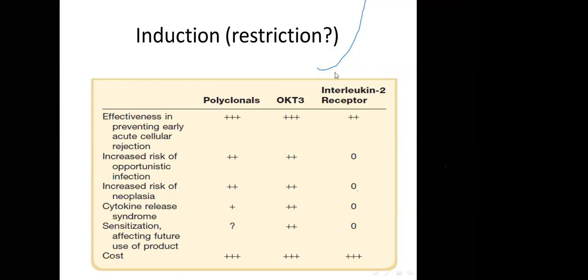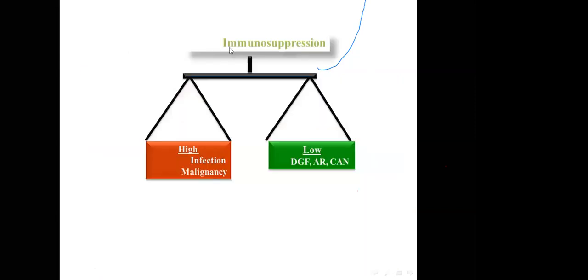So not all patients receive induction. You should put in mind that when you decide to make heavy induction with medication like ATG, there is a risk of infection or malignancy. The main target of induction is the T cell. This is the balance you should keep in mind.